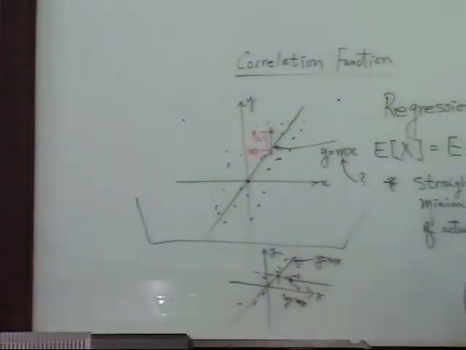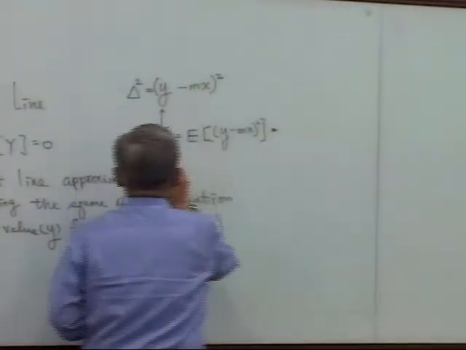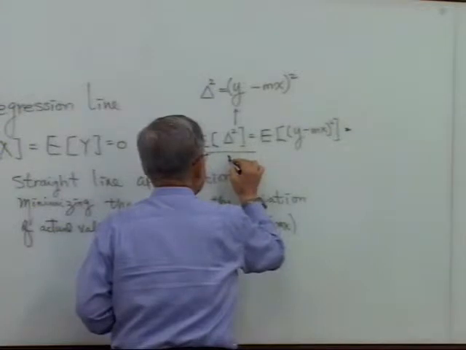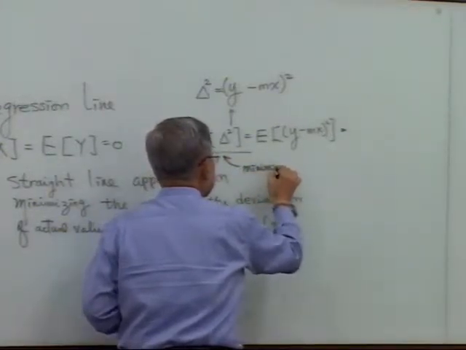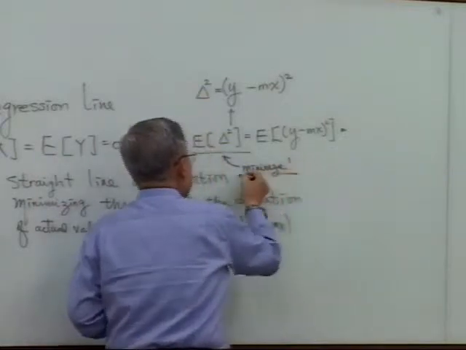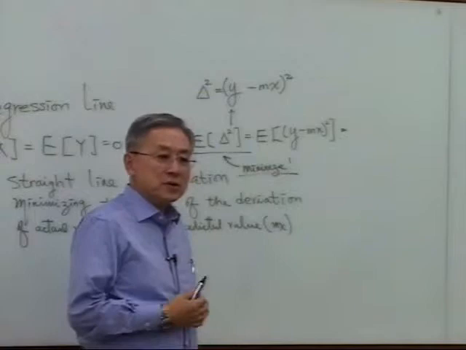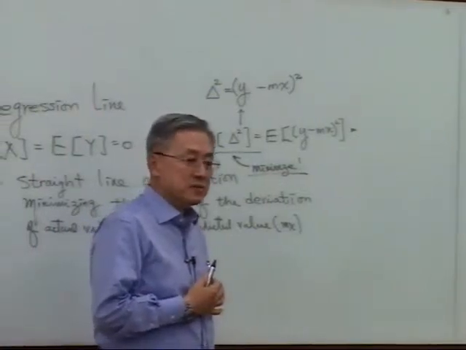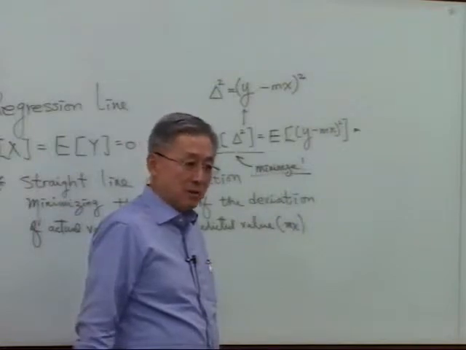So now we're going to open this up because we have to minimize it. How to minimize it? You simply take the derivative with respect to m and set it equal to 0.